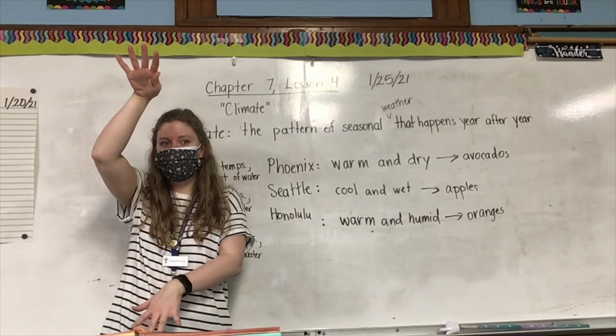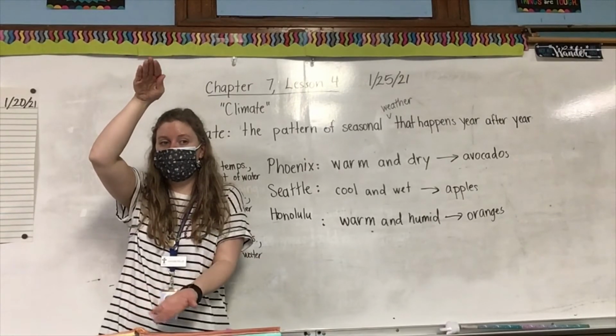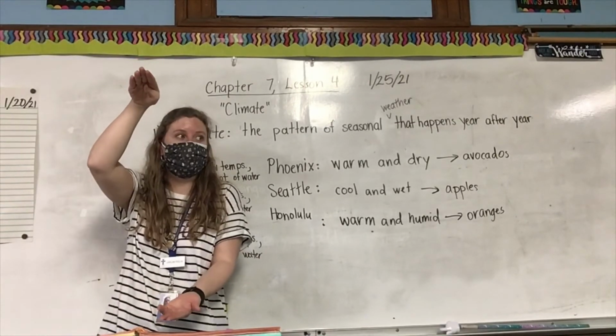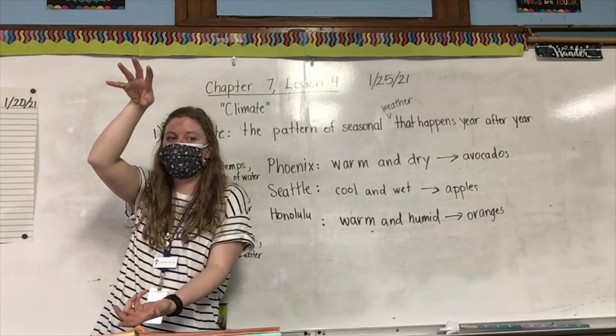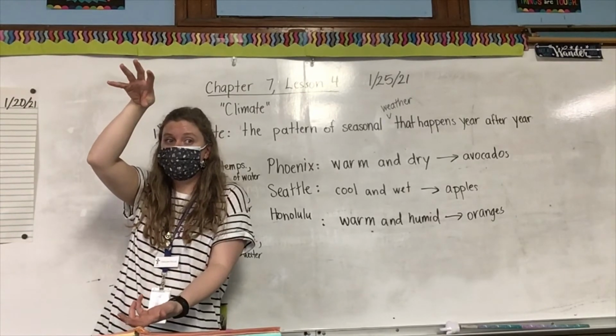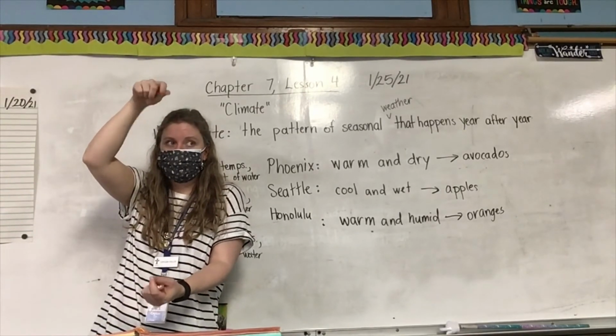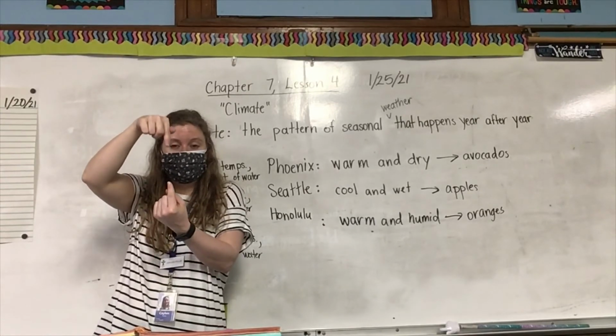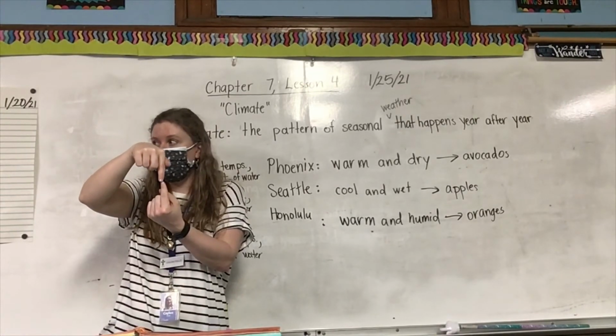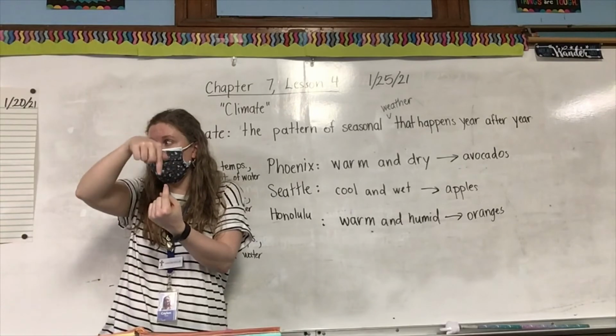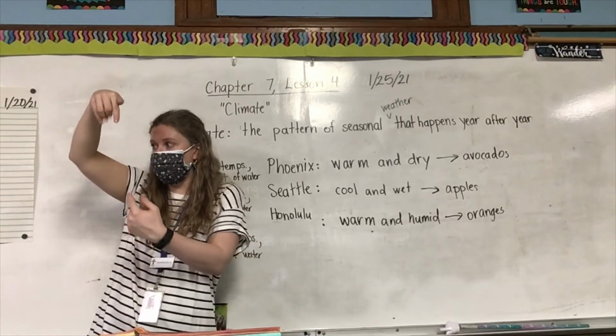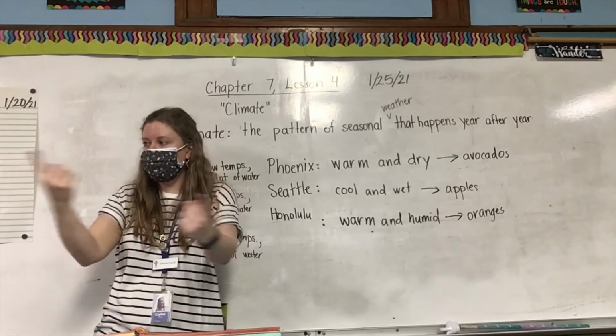The South Pole. The South Pole or the North Pole. And what is the temperature like at the poles? Very cold. What about the closer you get to the equator? What happens to the temperature? Aaron? It gets warmer. And what is the temperature at the equator like?